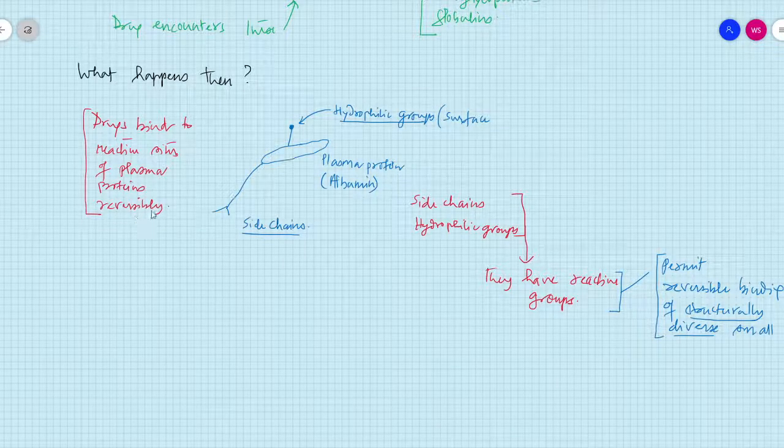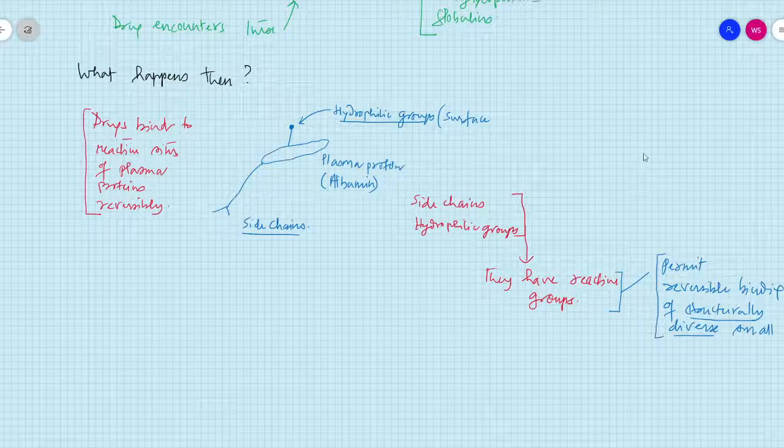So what do we mean by reversibly? We mean that the drug is not binding by covalent bonds. It might be attaching by weak bonds like van der Waals bonds. So the drugs bind to these reactive sites of the plasma proteins reversibly.